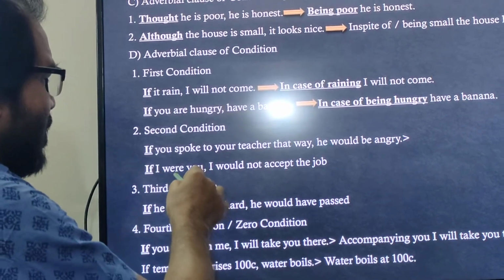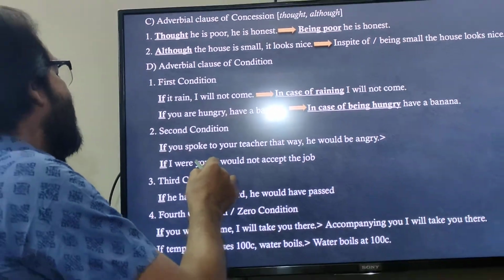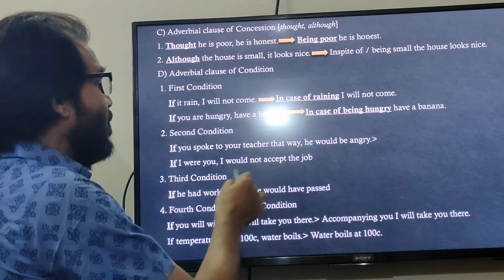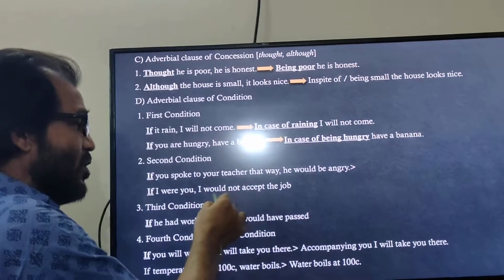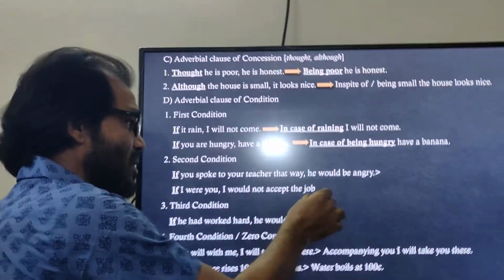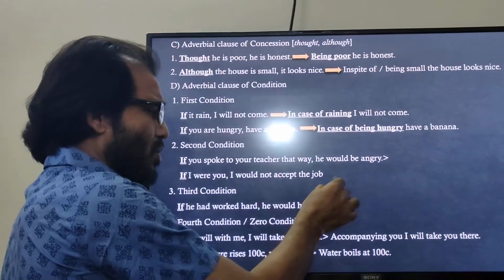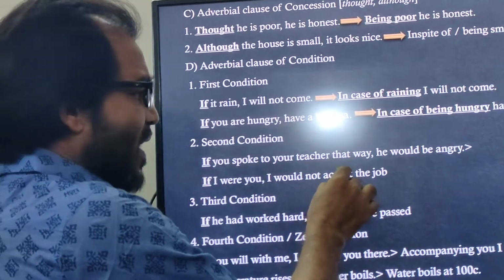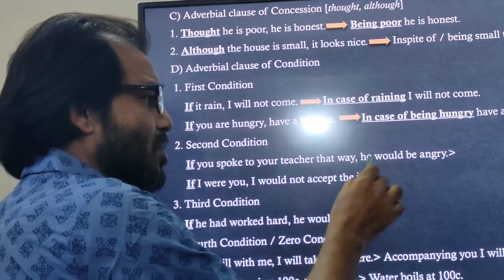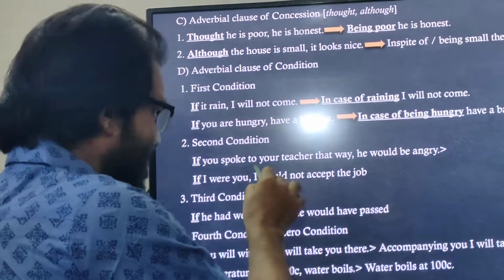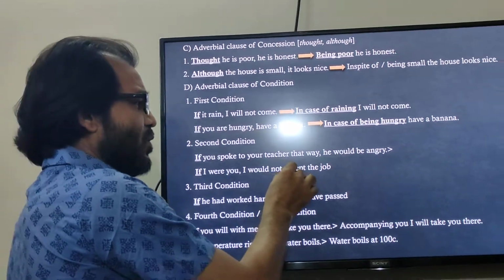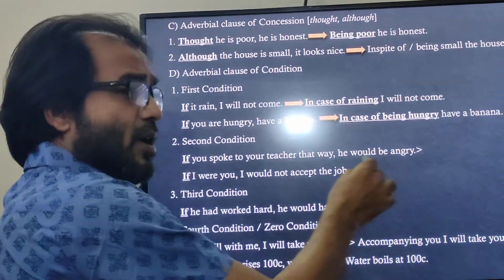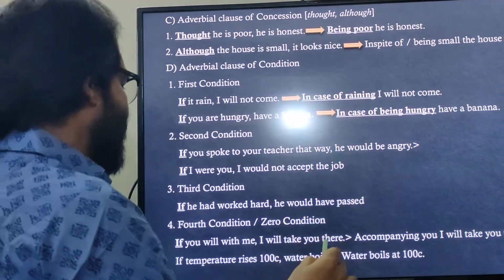You can also change them into simple sentences using the in case of phrase, but that does not sound good. So the question setter usually does not set them in the question paper in changing from complex to simple. But these sorts of sentences can be set in the question paper from complex to compound, which we will discuss in next classes.